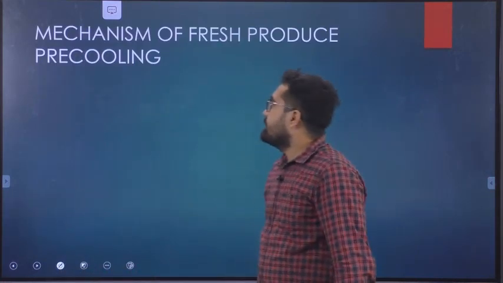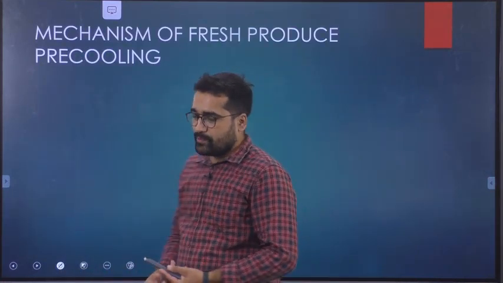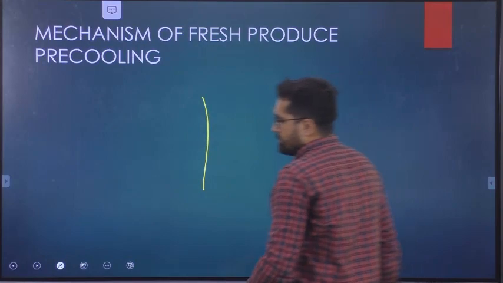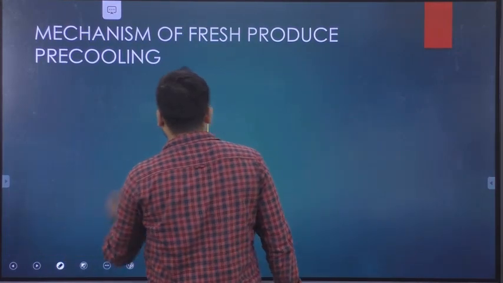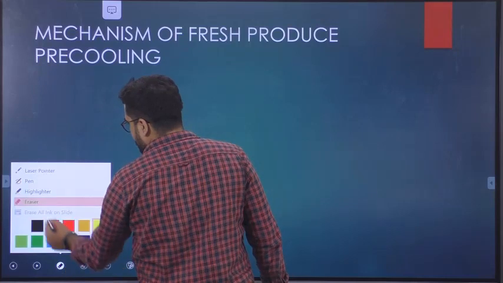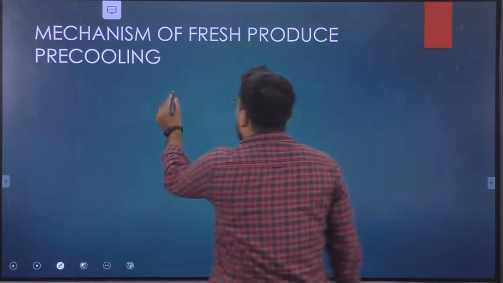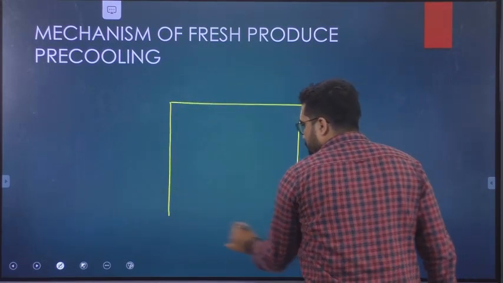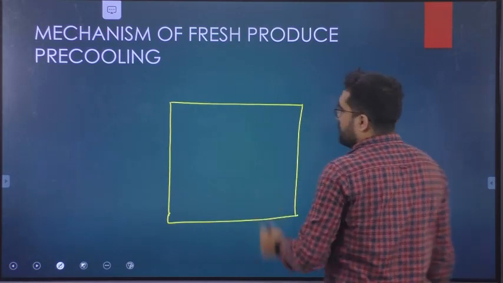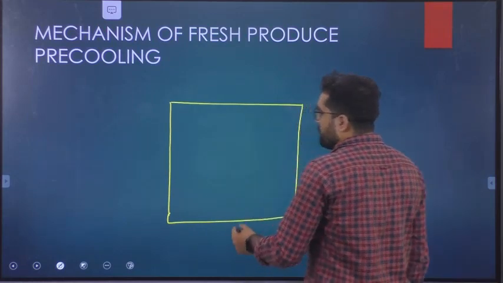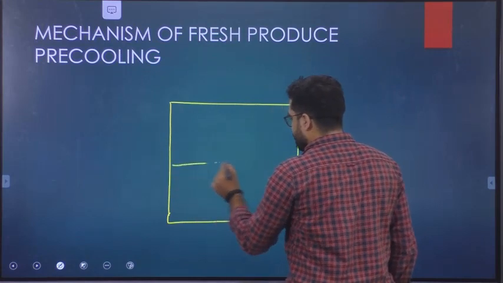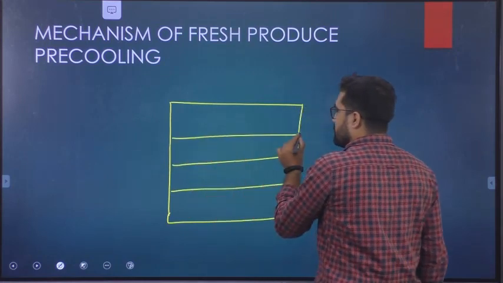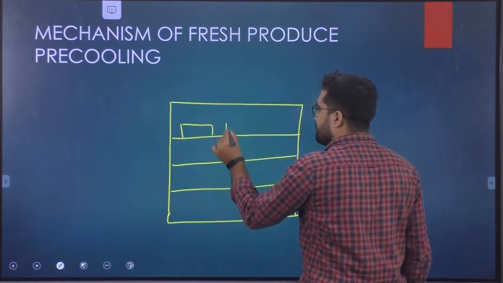Next we will see the mechanism of pre-cooling. I will give you one example. Suppose we are having a room, and we are keeping our produce inside this room, on 3 shelves.